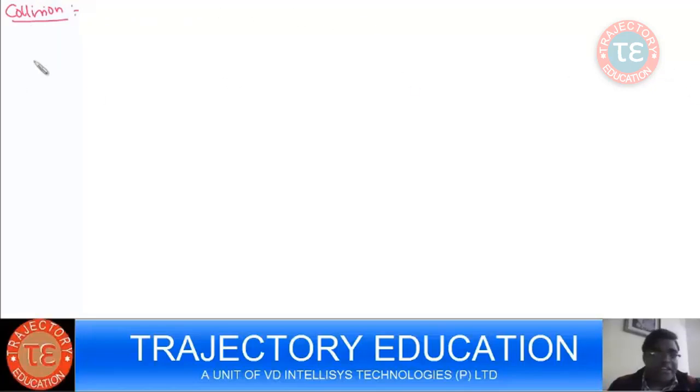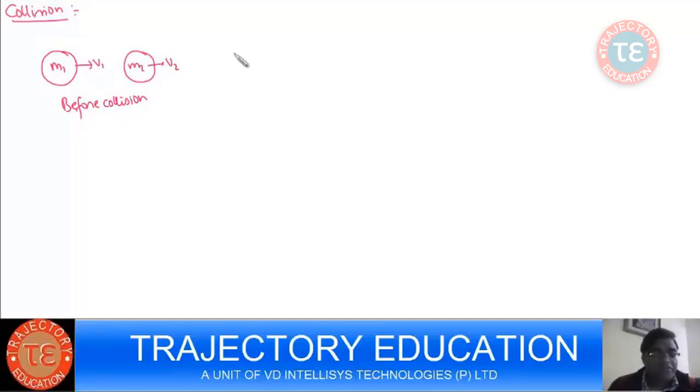So let me consider a case. Suppose you have a body of mass m1 moving with velocity v1, and a body of mass m2 moving with velocity v2. This is the case before collision.